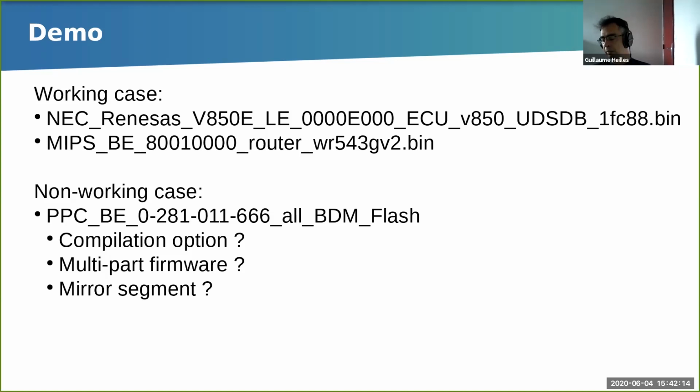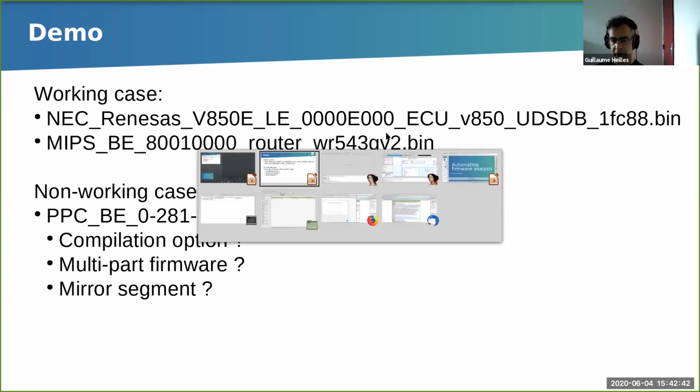Or maybe you have something that sometimes exists in the embedded world, which is called mirror segments, where the prefix can be different, but the content is the same. Anyway, sometimes it doesn't work. Sometimes it works very well. Sometimes you can find the UDS database. Sometimes you don't. But I'm releasing this program because, well, most of the time it works. So I think it's worth sharing.